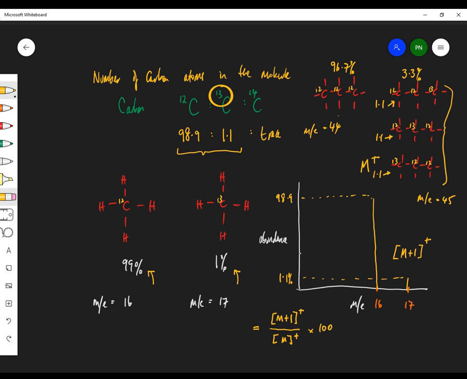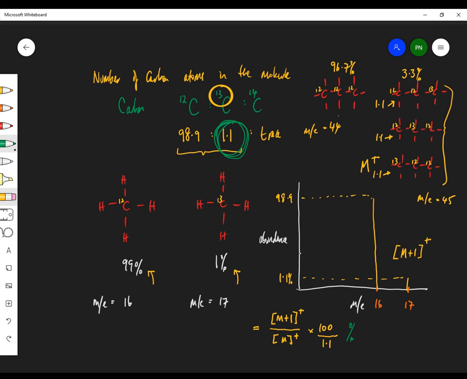Roughly speaking, it's 1.1% if there's one carbon in there. So we divide it all by 1.1, which is this number up here, to give you a nice integer number. That's the point of the 1.1 there.